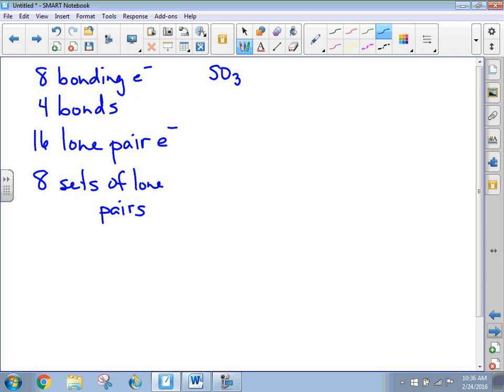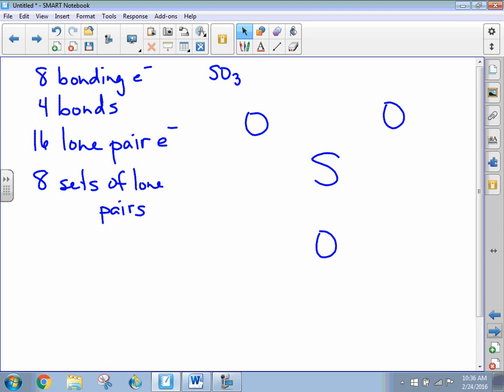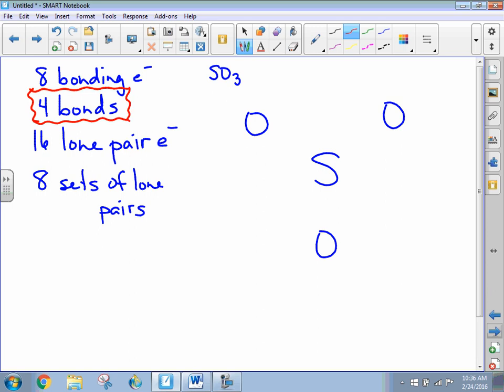Because there's 1 sulfur and 3 oxygen, we're going to situate sulfur in the middle and surround it by oxygen. You always start with your bonds and worry about your electron pairs later. So there are going to be 4 bonds between sulfur and oxygen.